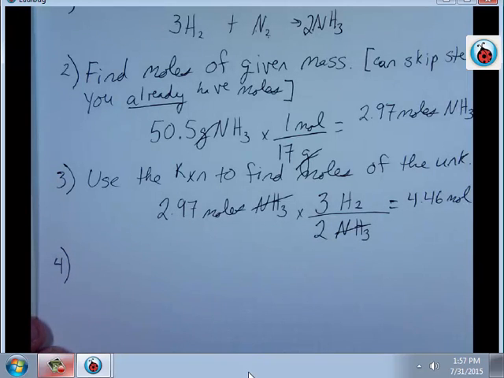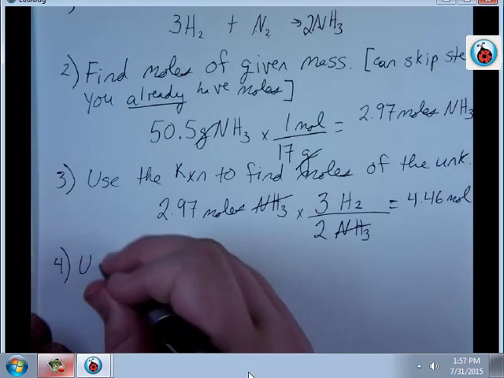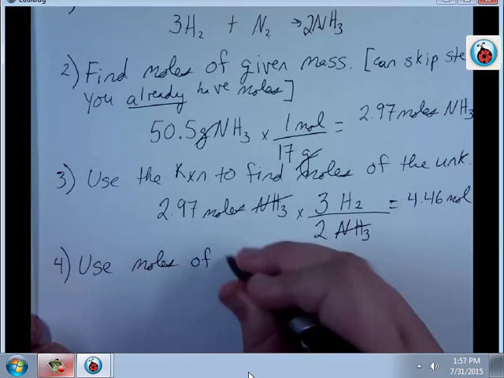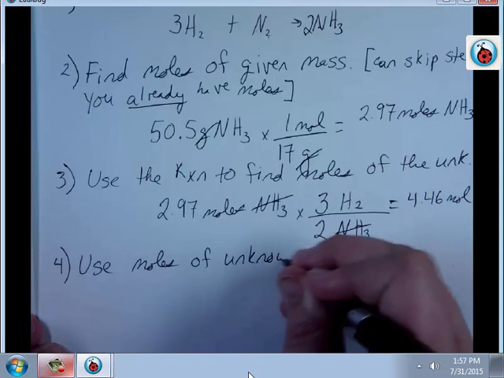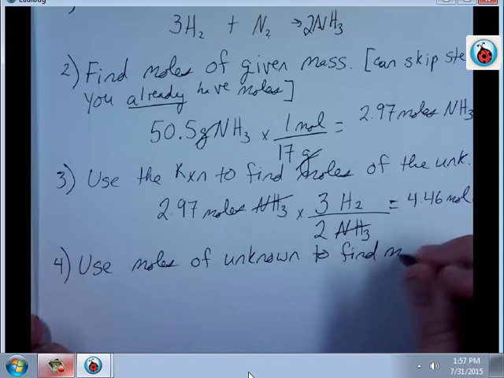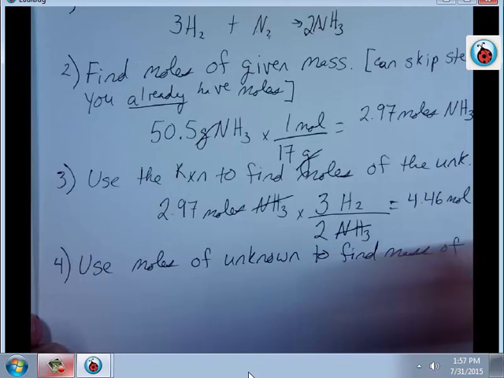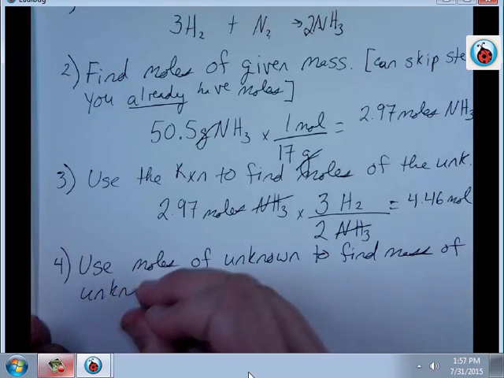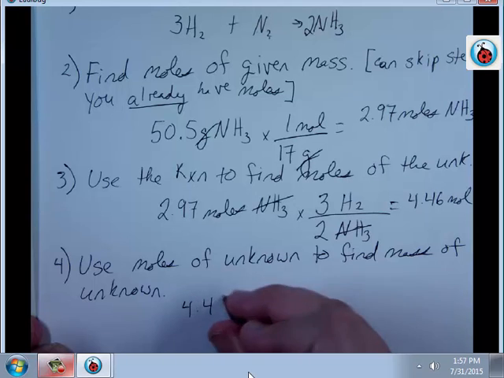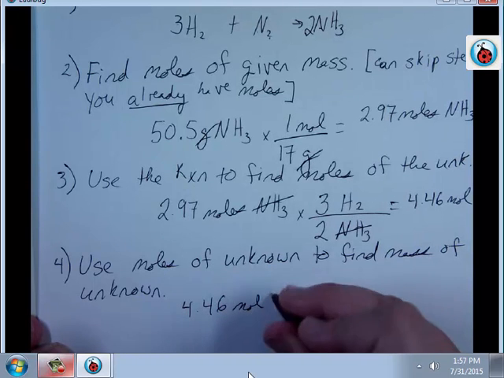Finally, use moles of unknown to find mass of the unknown. So I have 4.46 moles of H2.